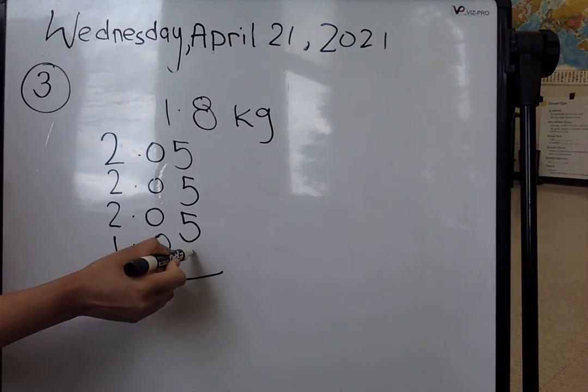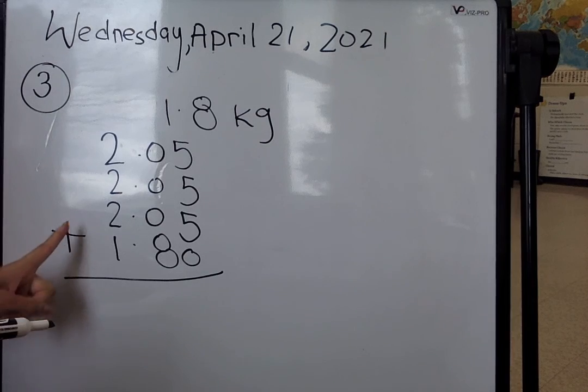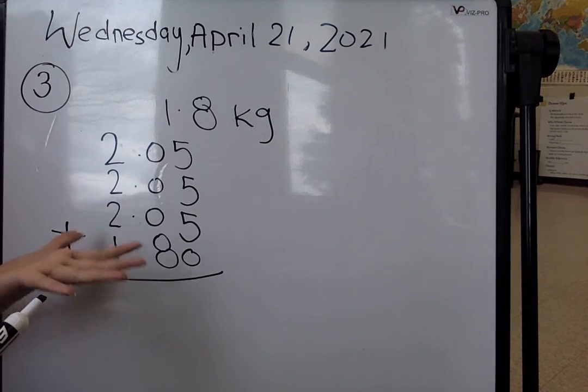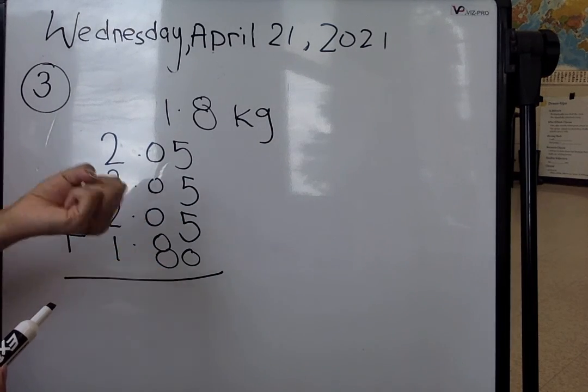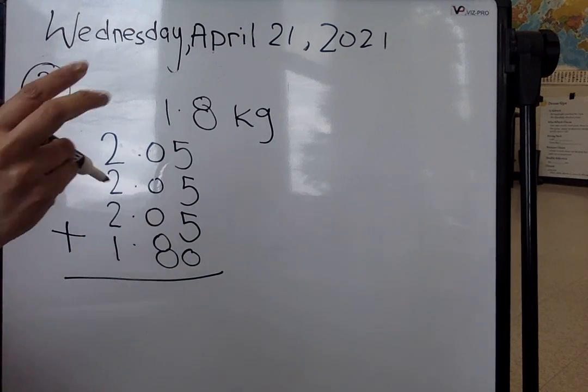Yes, and we'll add a 0 here. Okay, we can do it this way, grade 4, where we add all, because they need to know all together. So for all together, we usually add, or we can multiply as well. Okay, so you can do it two ways.